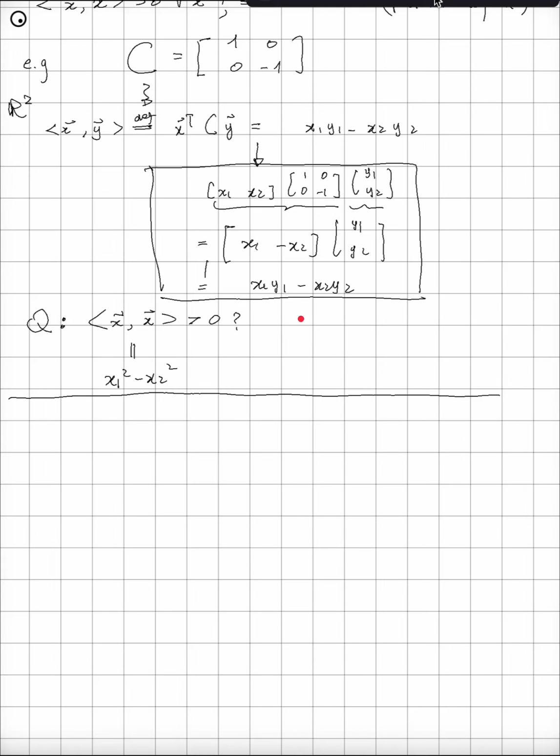So this is not positive definite. But it still makes sense. Actually, this has physical meaning. This is what I call the Lorentz product, right?